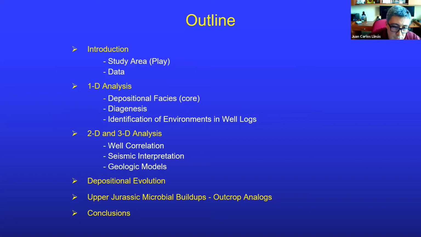Then we will take a look at well log correlations and seismic interpretations in order to build a 3D geologic model that will be the base for the description of the depositional evolution of the Smackover. And then we will take a look at the outcrop analogs of these microbial buildups in Europe and finish with some conclusions.